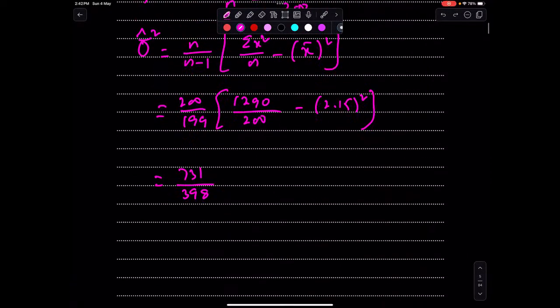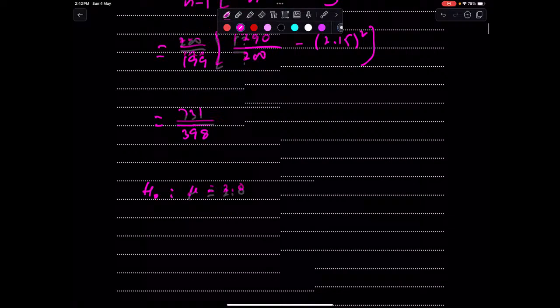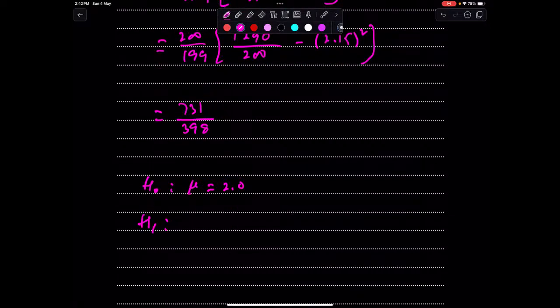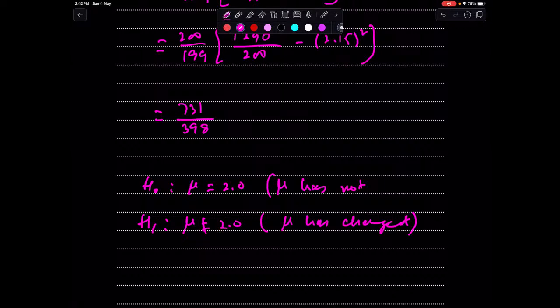Now we have to write H0, which is mu is equal to 2.0. H1, mu is not equal to 2.0. So mu has changed. Here you can write mu has not changed. This will help you to write type 1 and type 2 error in words in the context of the question.